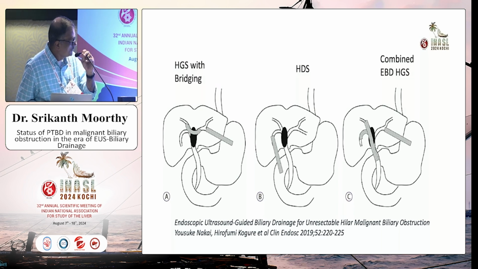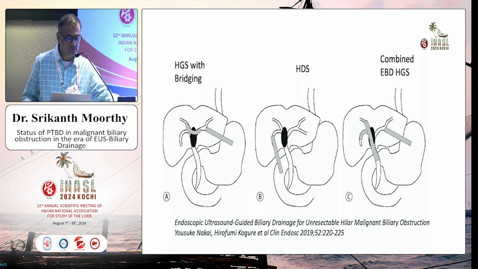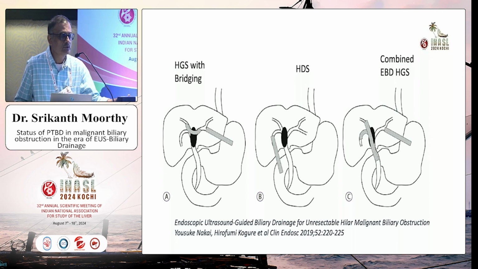Okay. So there are different types of US procedures based on how you approach it. So you can either have hepatic gastrostomy, where you connect the left system to the stomach with a stent, or you can approach through the duodenum, making it a duodenostomy, where you basically approach the right posterior duct through a lateral aspect of the duodenum, usually the bulb.